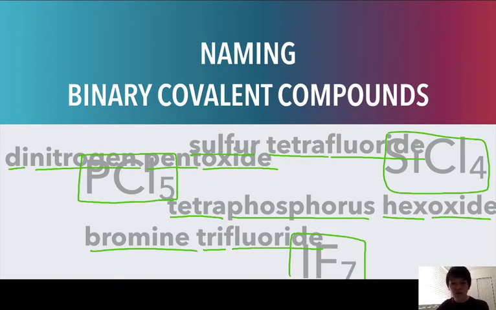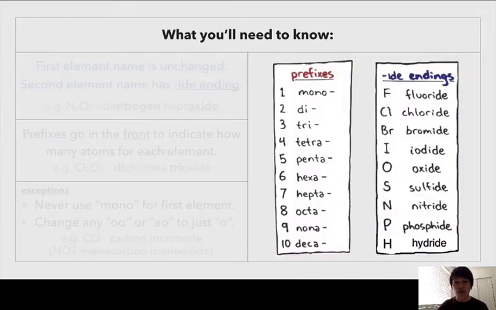All right, so let's go over some of the rules of what you're going to need to know to successfully name these covalent compounds. We're going to need to know all of these prefixes. All of them, please. So please get real comfortable with each of these mono, di, tri prefixes and the numbers that they correspond to. We're also going to need to know all of these IDE endings.